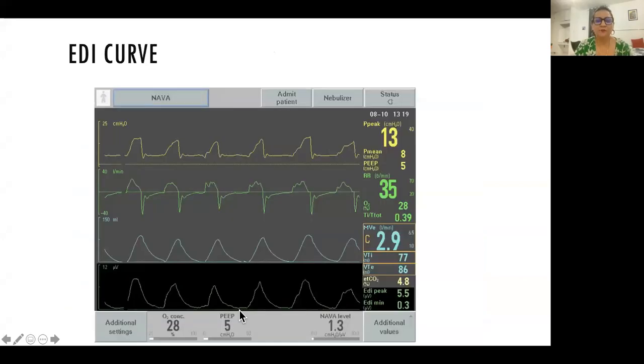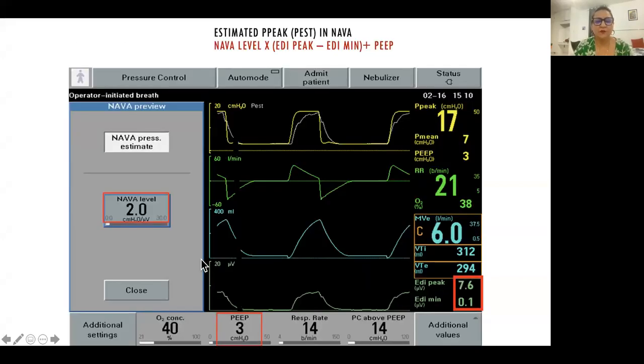So now, how much would be your estimated PIP? So 2 into 7.5 plus 3. So 2 into 7.5 is how much? 15, plus 3. So that is almost 17, 18.